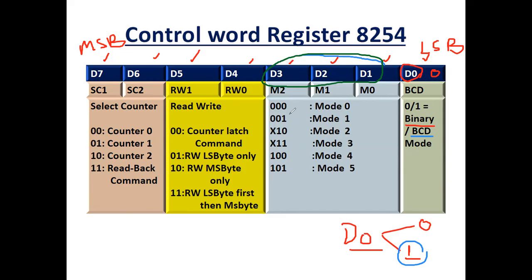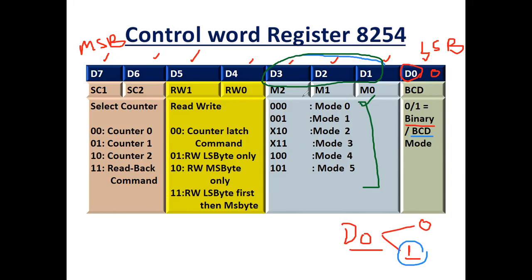The user. So if the value of all these D1, D2, D3 is 0, then the 8254 timer will work in mode 0. Mode 0 is named interrupt on terminal count. We will discuss these modes separately in detail with the timing diagram, clock signal, out signal, and gate signal.